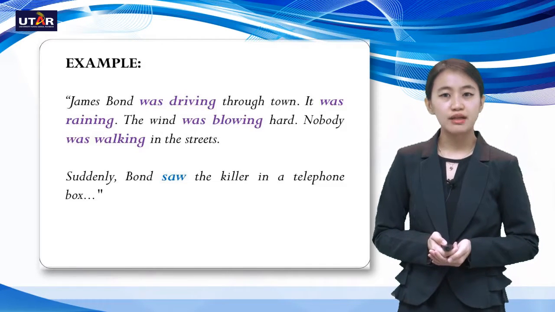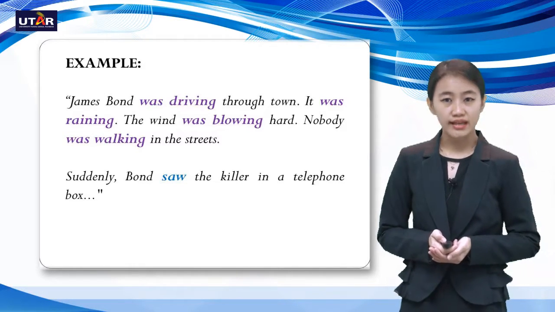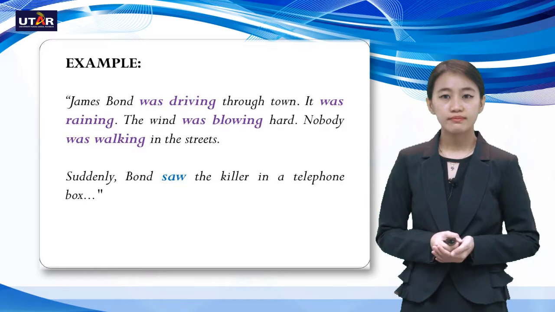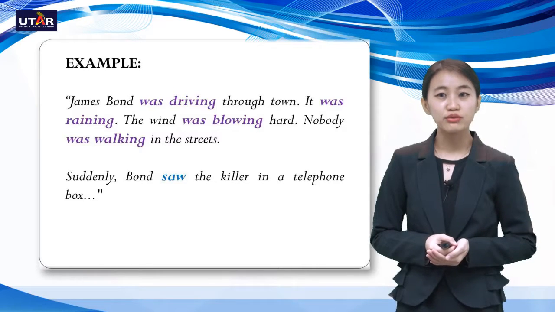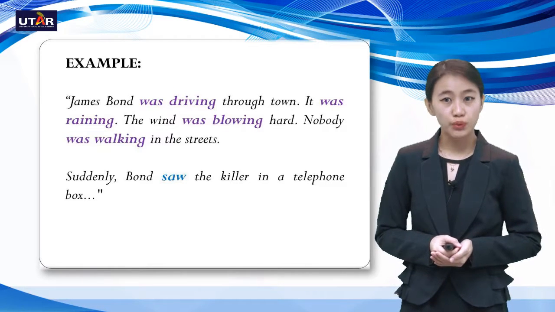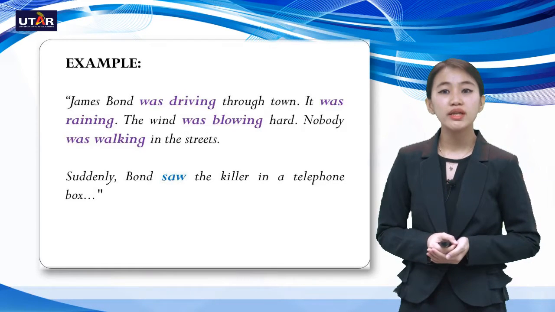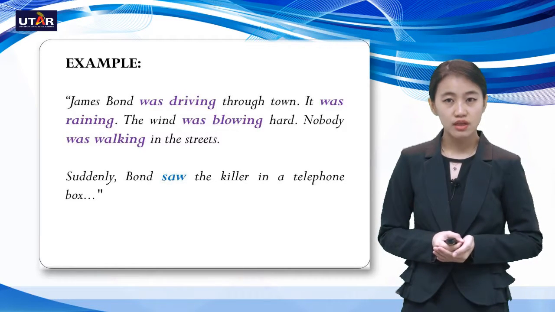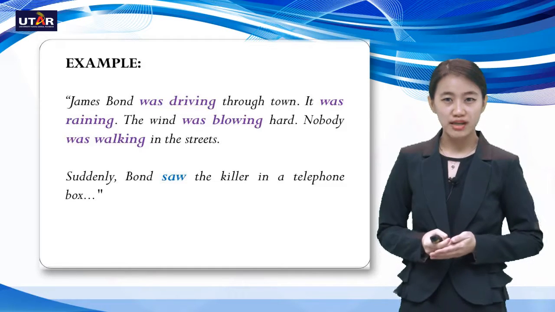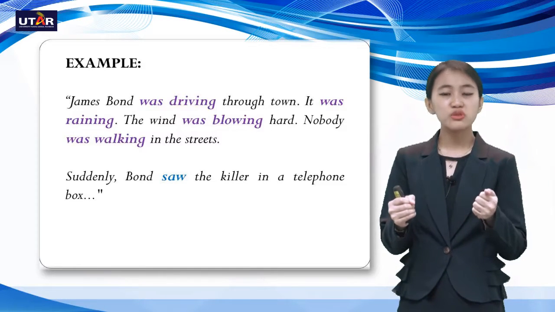Now let's look at the example to understand that explanation. James Bond was driving through town. It was raining. The wind was blowing hard. Nobody was walking in the streets. So now you are able to imagine that James Bond was driving.